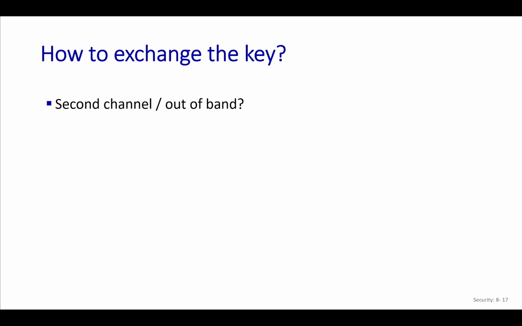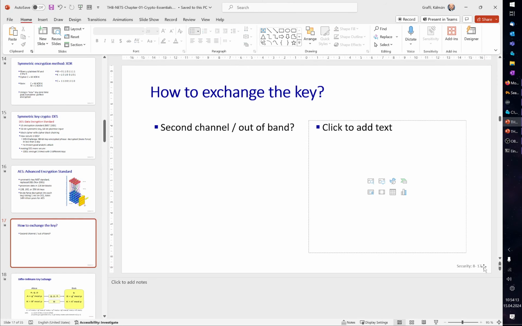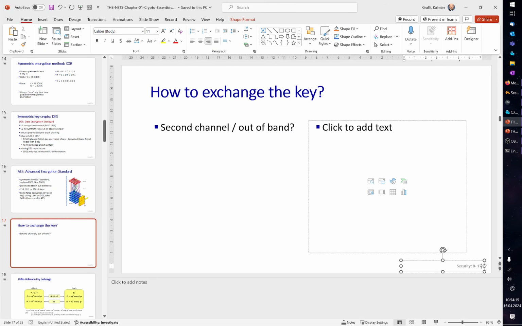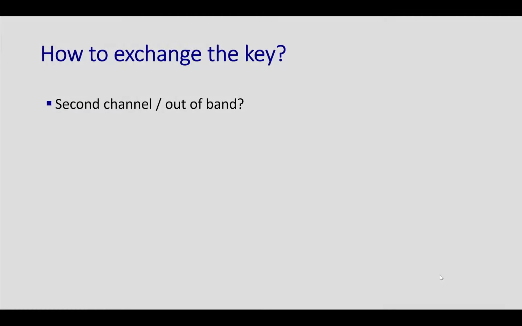So how can we exchange the key? This is the main challenge, because we just assume that the key is present at both sides. But how to do it? We cannot call Bob and tell him the key, so it has to be some other way.